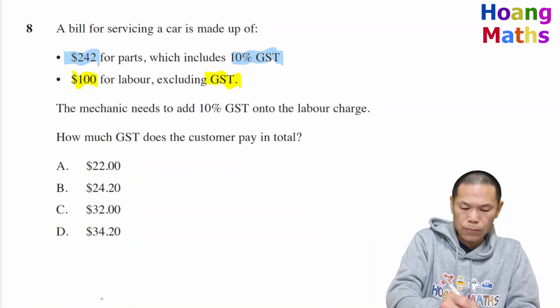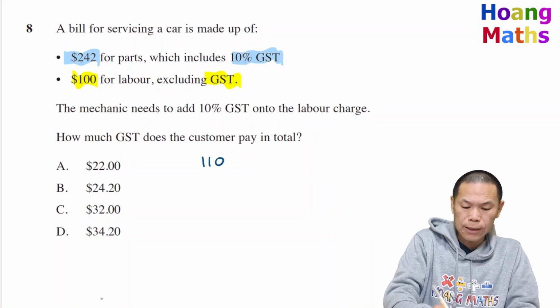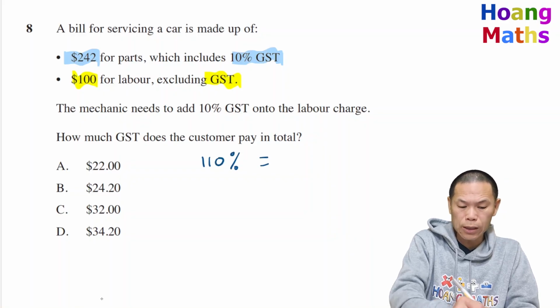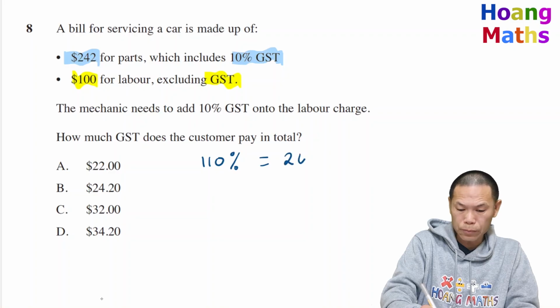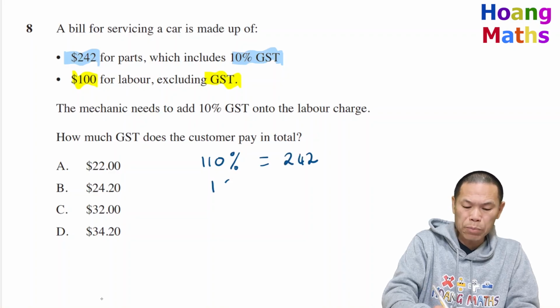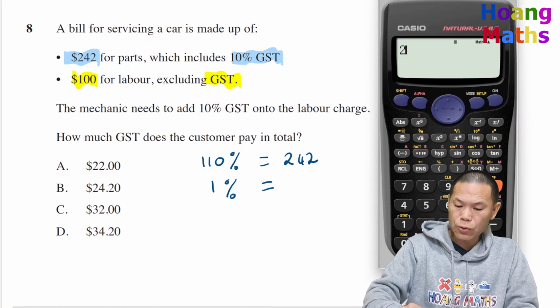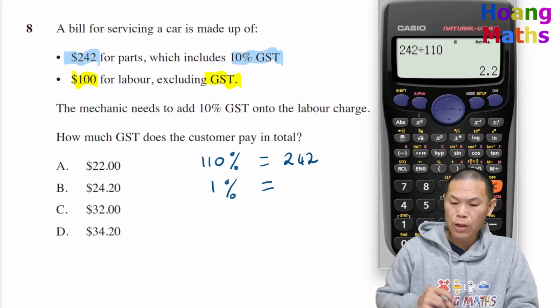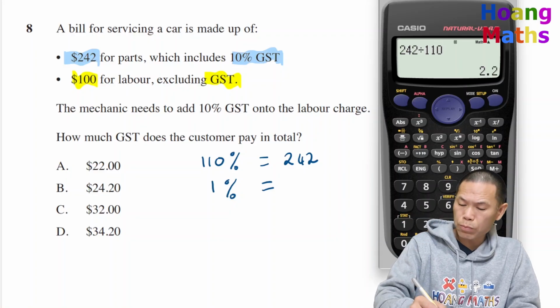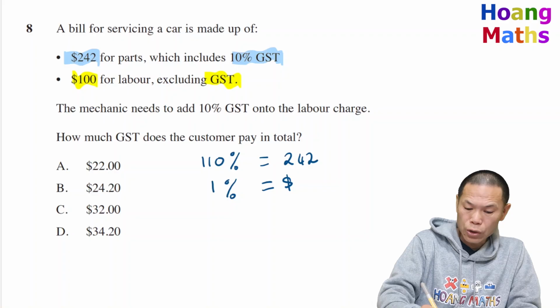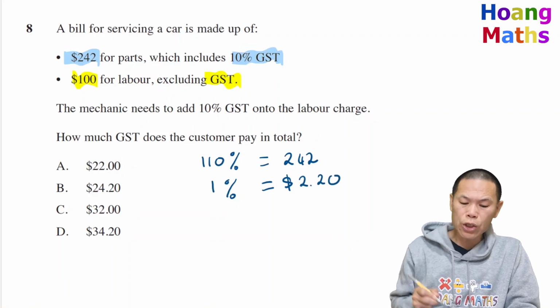So that means 110% is already including GST. So that is 242. So let me work out 1% first, and then I work out 10%. So I just go 242 divided by 110. So that is $2.20 if you wish.